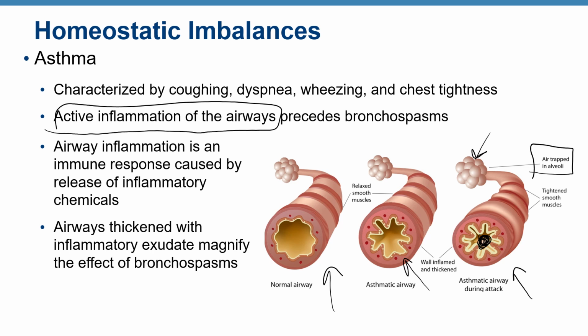So airway inflammation is an immune response caused by release of inflammatory chemicals. So asthma is an autoimmune disorder when your own immune system attacks the bronchioles of your lungs. The airway thickens because of this inflammation, and it causes bronchospasm.